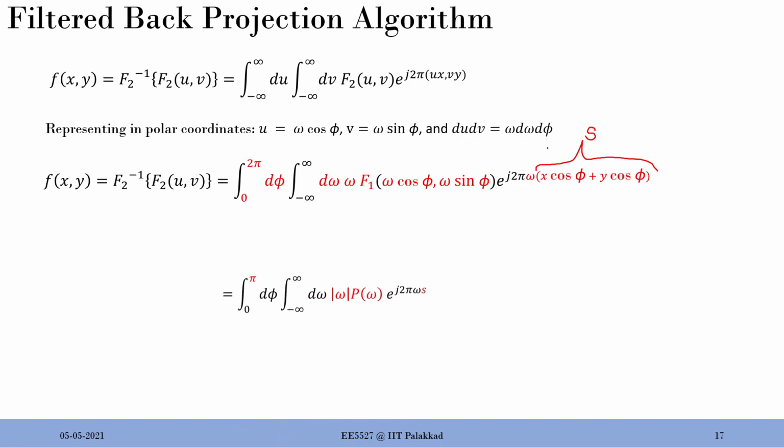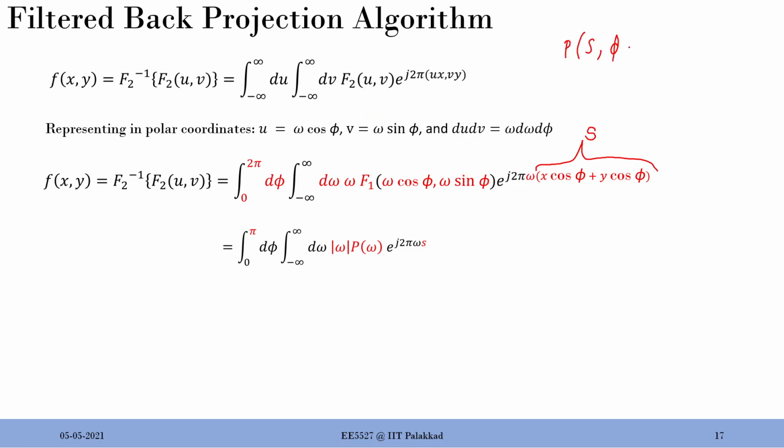That single value of s. So simplifying it further, you get something like this, F of omega cos phi, omega sin phi, which is nothing but P of omega. Don't forget that it is P of s comma phi at phi equal to phi dash, right?